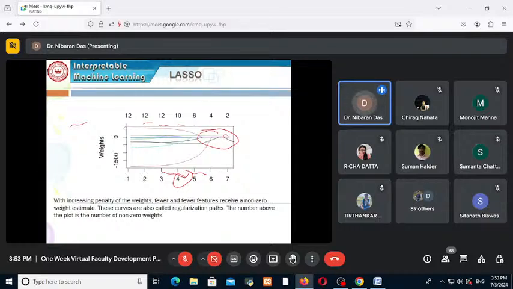So with increasing penalty of the weights, fewer and fewer features receive non-zero weight estimates. These curves are also called regularization paths. The number above the plot is the number of non-zero weights.